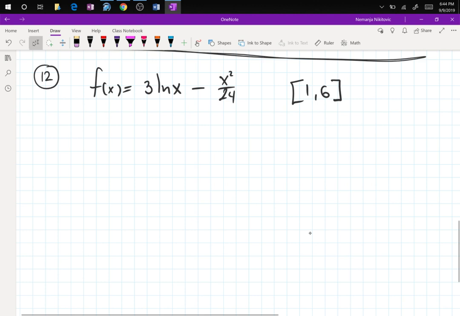So we have the graph displayed now. I used Desmos to graph this.